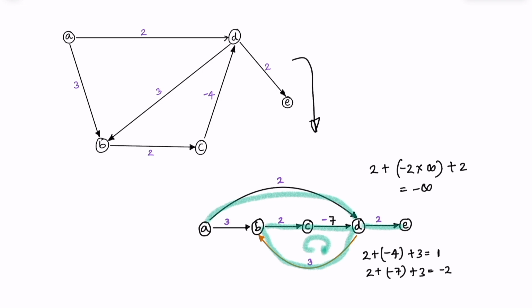So in case of a graph with a negative cycle, no algorithm is guaranteed to find the shortest path. That's the limitation of Bellman Ford algorithm. Let's go back to the original graph and understand the theory behind Bellman Ford algorithm.